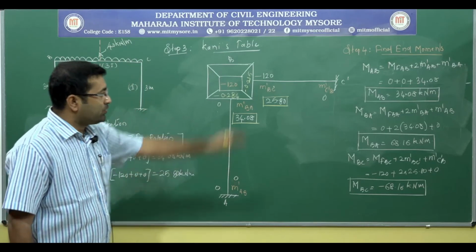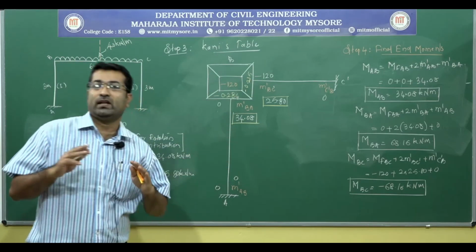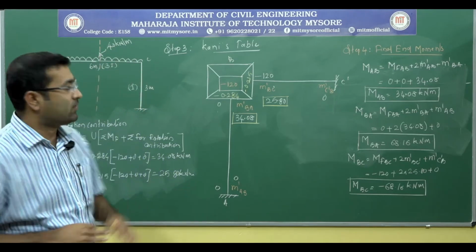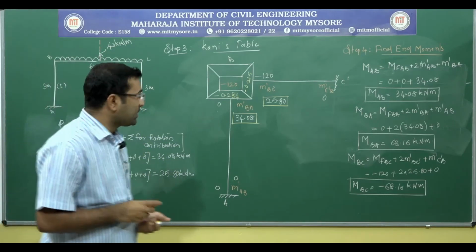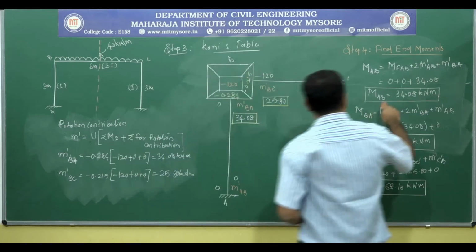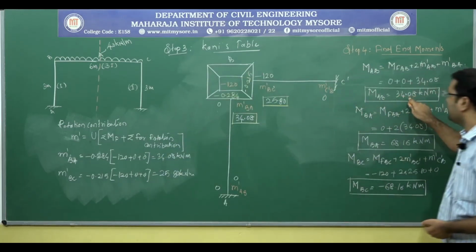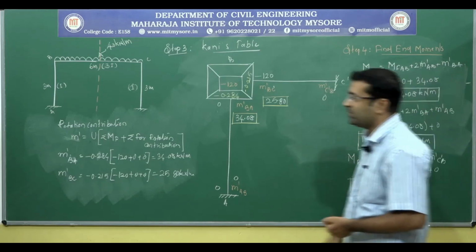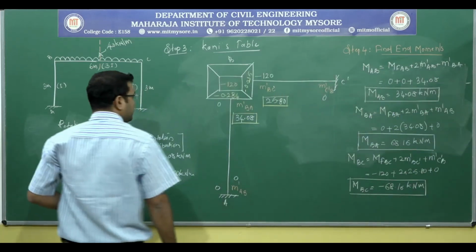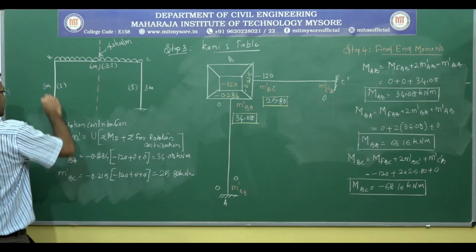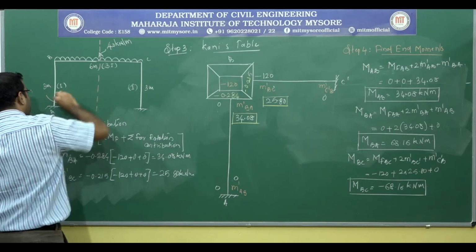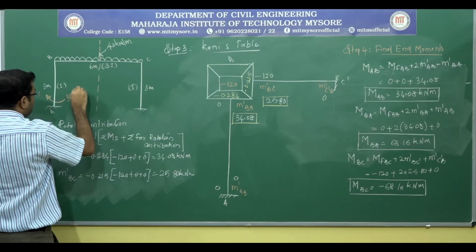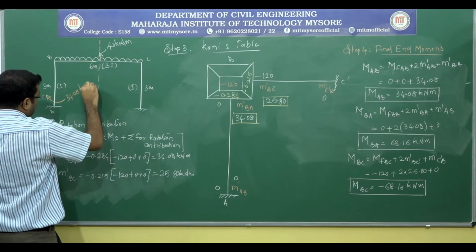Using only these 3 values, we can have the end moments for the entire frame. See here. Now, what is the value of MAB? It is 34.08. It is a positive value, it means the bending moment is clockwise. So, here I will represent a clockwise bending moment of 34.08 kilonewton meter.